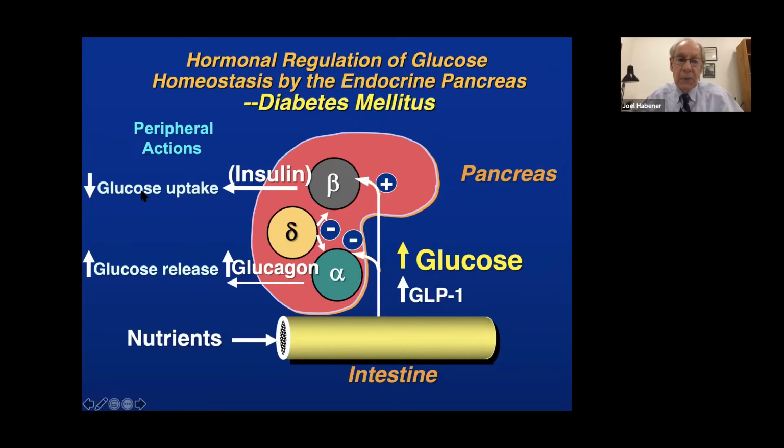It's still suppressed. This is because of insulin resistance. Even though there's lots of insulin, it's not sufficient to stimulate glucose uptake. The glucagon, however, is very high in diabetes and increases glucose in the circulation by virtue of production by the liver.